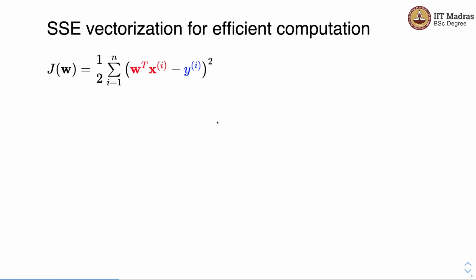We can vectorize the sum of squared error for efficient computation. We know that the SSE is denoted by J(W), which is sum of square of difference between the predicted value and the actual value.